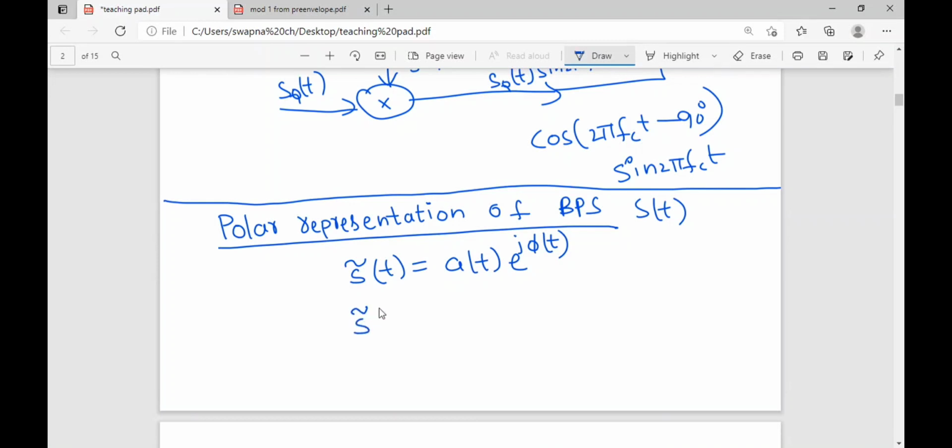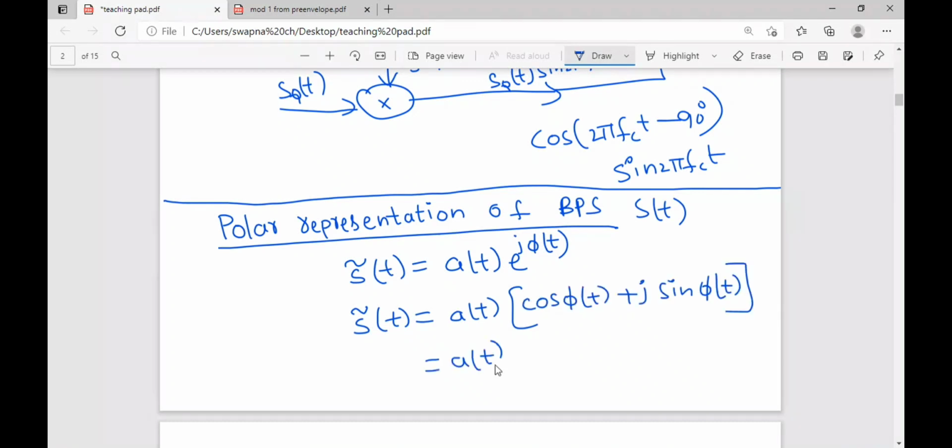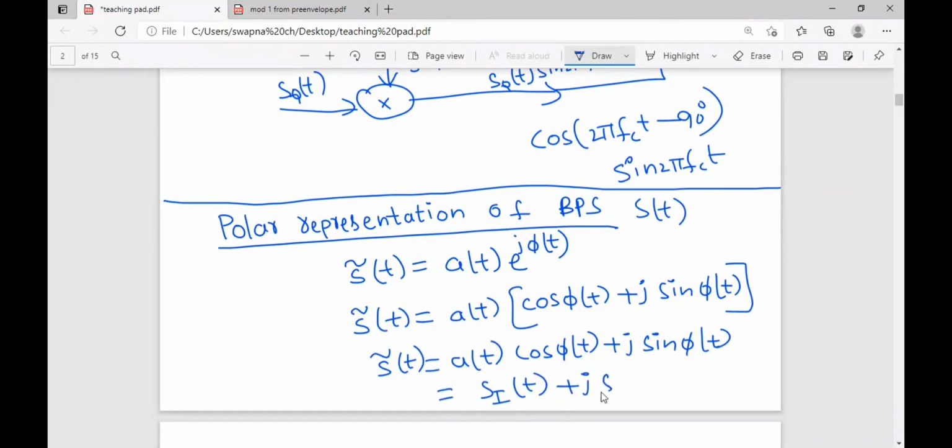So we can write the same thing as S tilde of t equal to A of t into e power j phi of t, which by Euler's formula is A of t into cos phi of t plus j sin phi of t. This is here S tilde of t. We can write this as Si of t, the in-phase component, plus j into the quadrature component SQ of t.